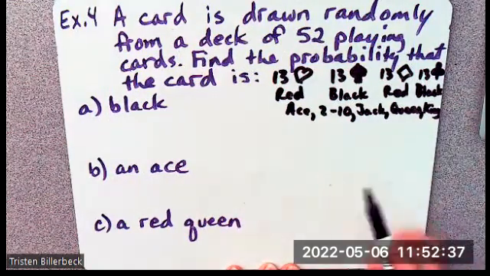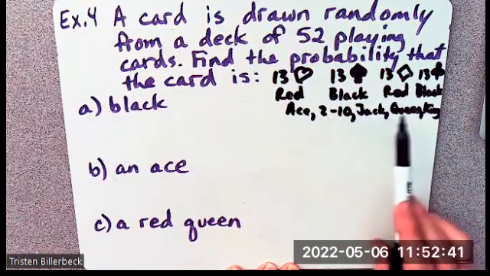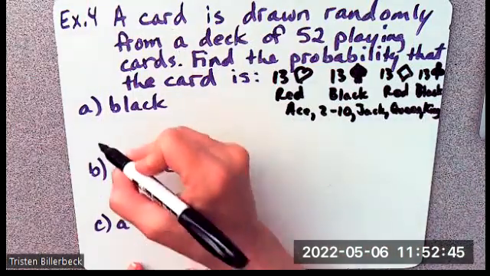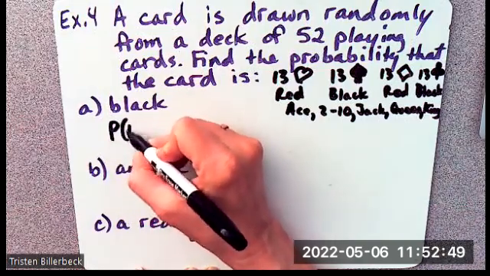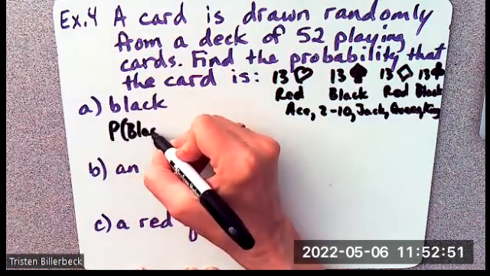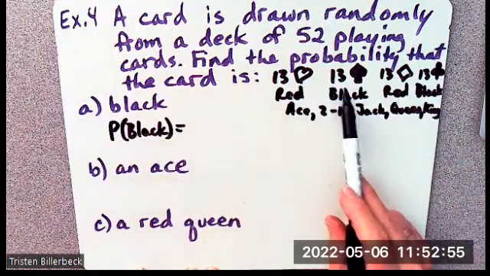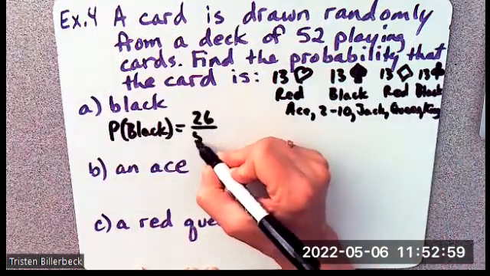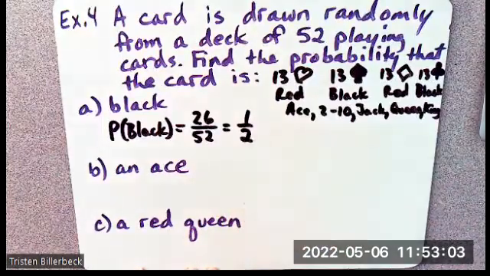Okay, so every suit has an ace, 2 through 10 cards, a jack, a queen, and a king. So let's look at the probability of black. So we see we have 13 and 13, which is 26 out of 52, which ends up 1/2.